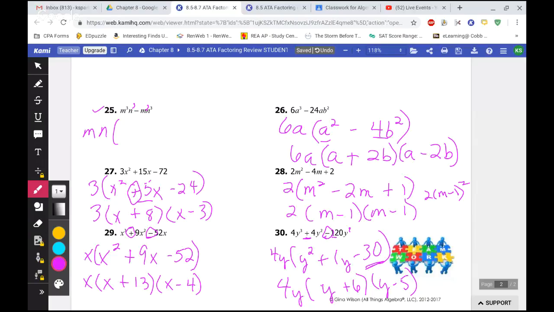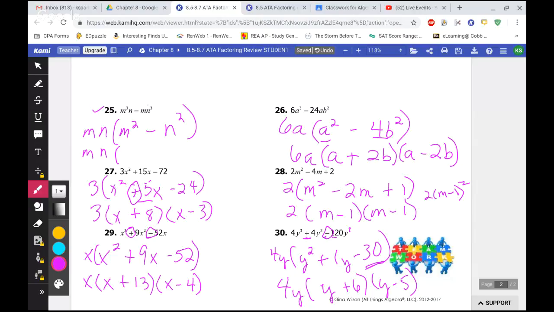So if I take an mn out of m cubed n, I'm going to have an m squared left. And if I take an mn out of m n cubed, I'm going to have an n squared left. So now m squared minus n squared is the difference of two perfect squares.